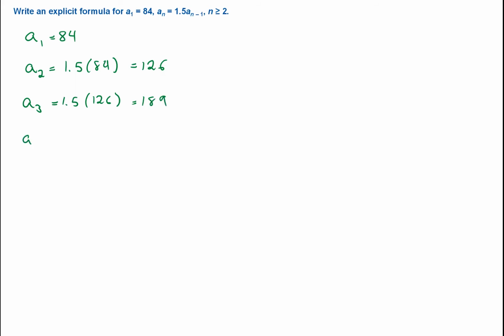A sub 4, 1.5 times the previous term, which is 189, and we end up with 283.5. Okay, let's lay out our terms: 84, 126, 189, and 283.5.